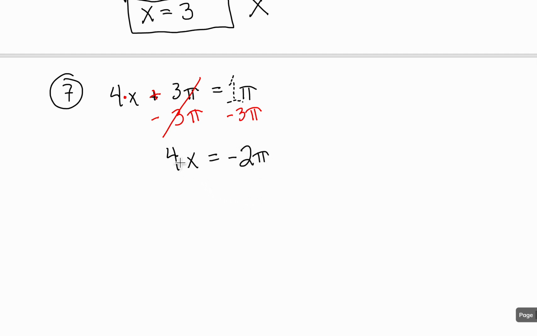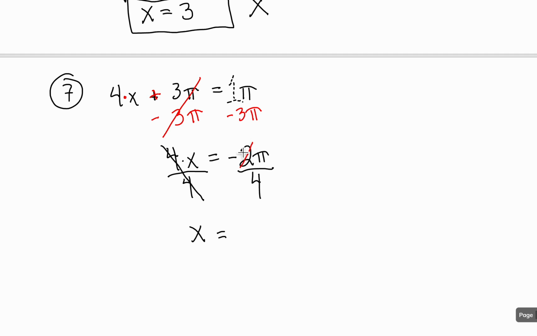And then to undo this times 4, we cancel it out by dividing by 4. If we do it to one side, we have to do it to the other. So the 4 divided by 4 cancels out to be 1x, and notice that it's on the same side. Bring down that equals, and oh, I can see that I've got the 2 and the 4, that's kind of my fraction simplifying.